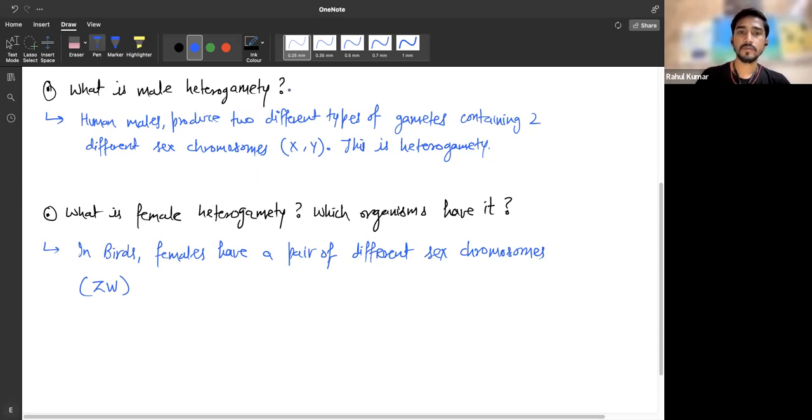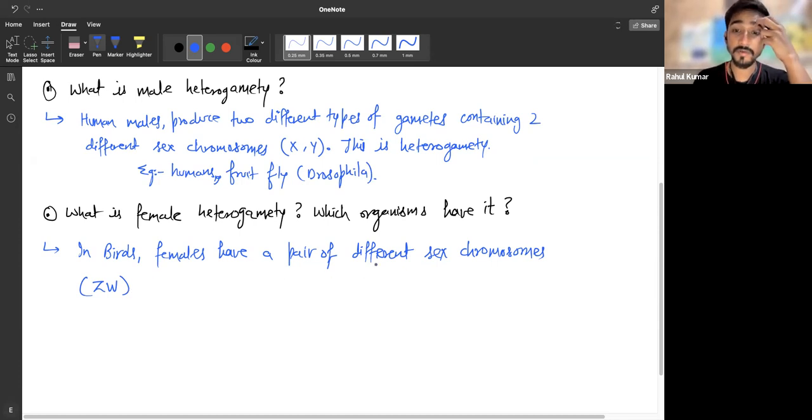Okay. So for male heterogamety, the examples are humans and fruit fly. Fruit fly is known as Drosophila, scientific name. So these two have the XY system, where males have XY. In birds, females have a pair of different sex chromosomes, which is called ZW.